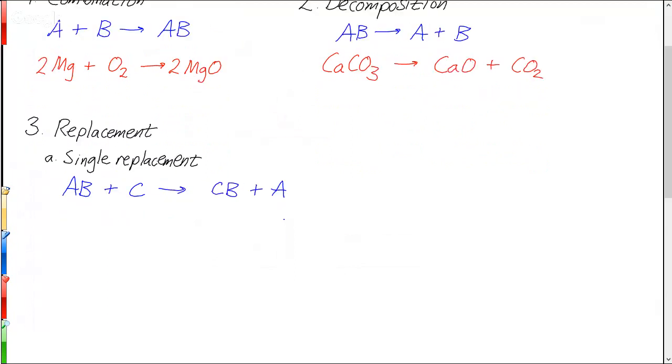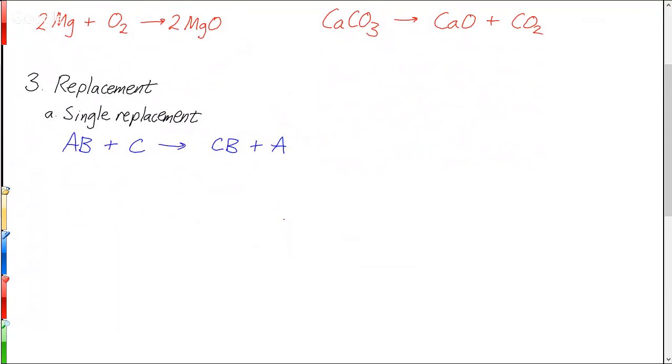So the one we did on Tuesday that's like this is HCl, that's our compound, plus some metal like magnesium. And the magnesium takes the place of the H to make magnesium chloride. And then the H ends up on its own, but H on its own is always H2 because that's one of the diatomic molecules.